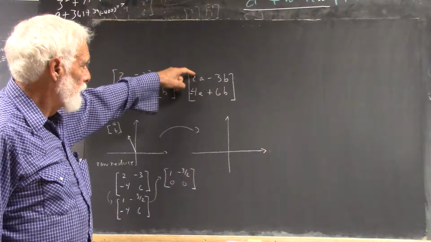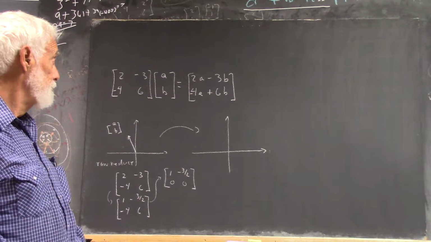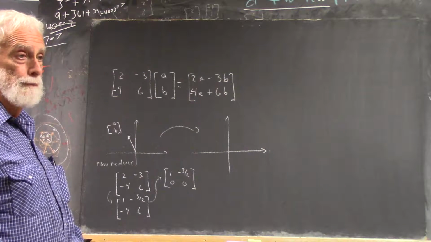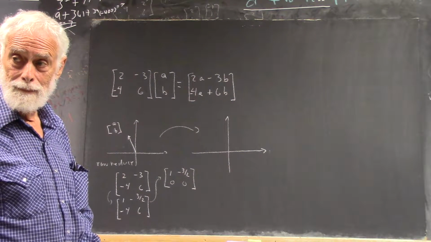What can you tell me about this vector? They're parallel. See, 2 zeros.